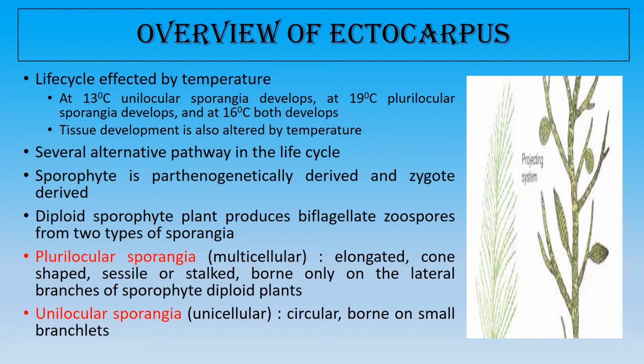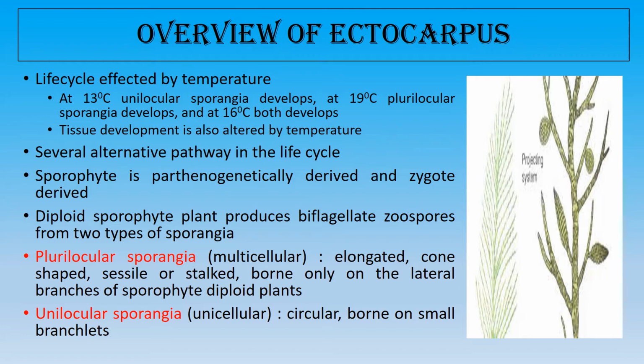That species produces two types of sporangia, unilocular and plurilocular sporangia. But other species of Ectocarpus can produce either one of the types of sporangia, either unilocular or plurilocular.